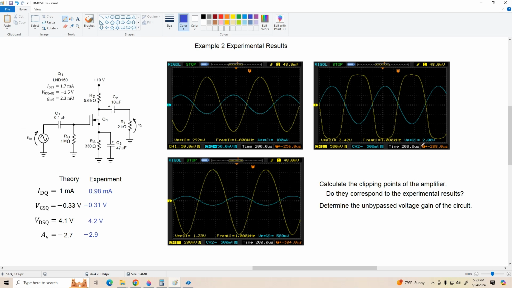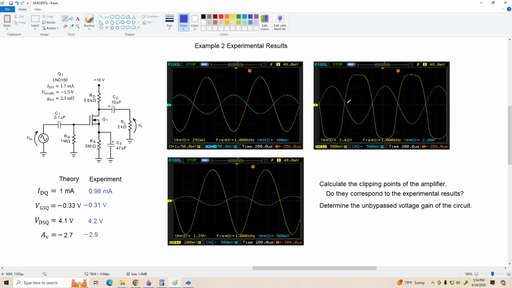And finally, I increased my input to 2 volts peak to peak, which overdrove the amplifier pretty significantly. Our maximum output voltage works out to be about 1.6 volts peak. We're at half a volt per division on the vertical axis, so this is about 1.6 volts, and the negative clipping level is about negative 1.8 volts.